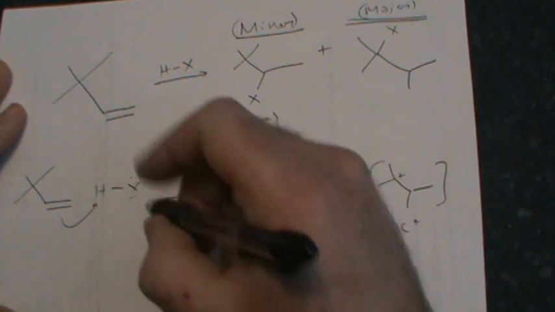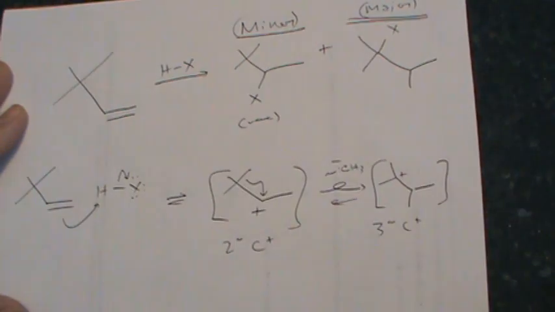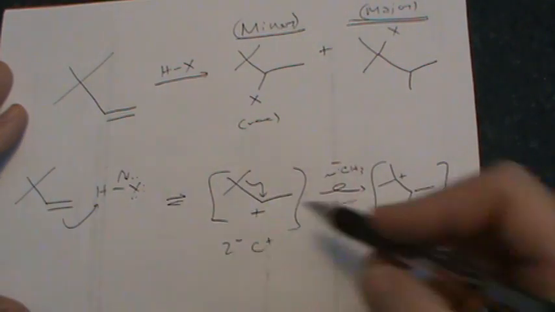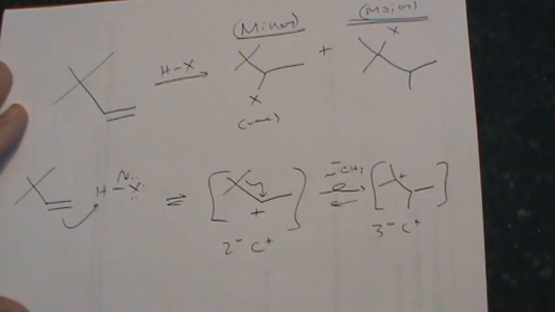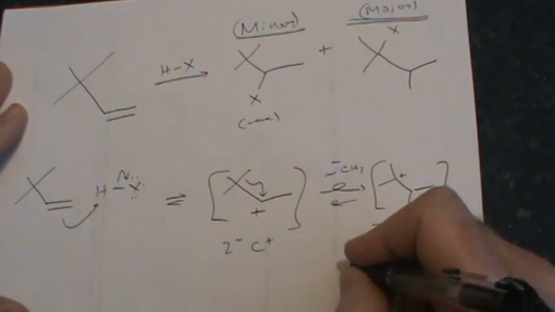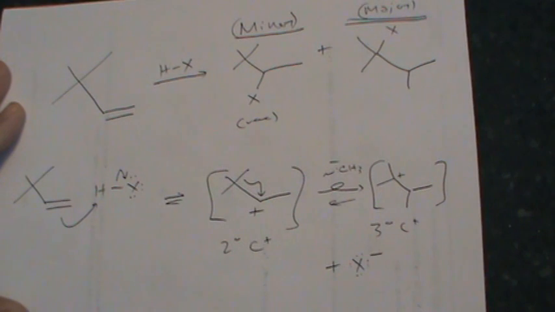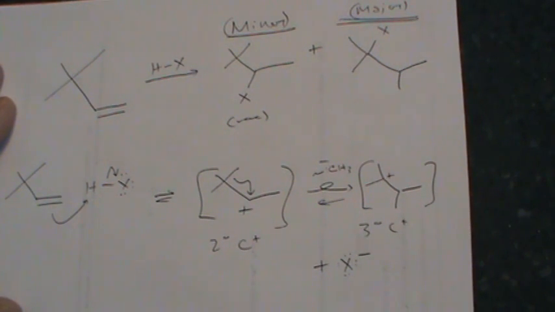Now at the same moment that we've protonated, we've also produced the X minus anion with this second 2 electron arrow, which was missing until a moment ago. We see from that arrow formalism that the halide anion is formed.